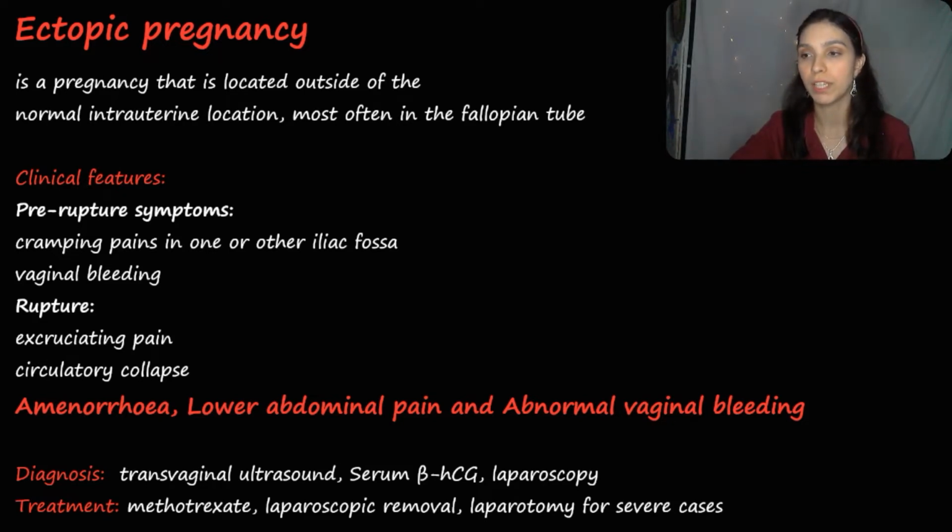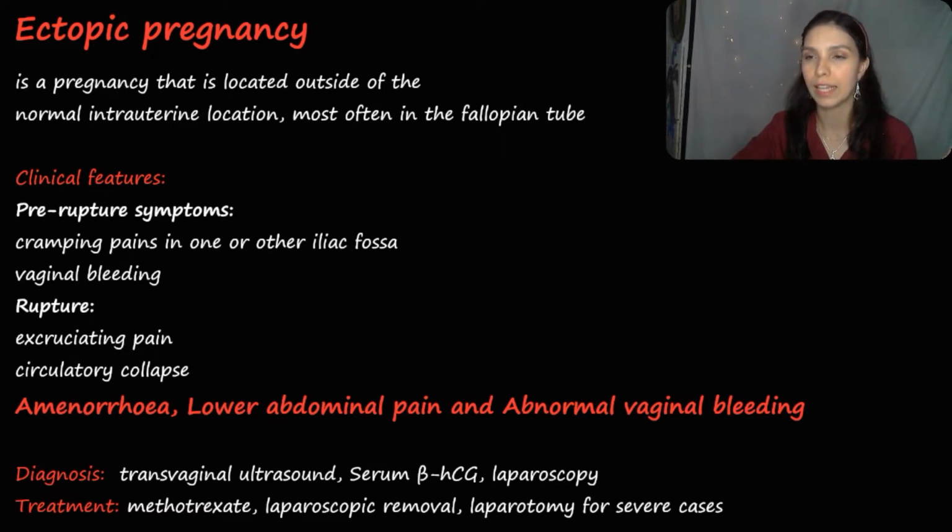It's possible to diagnose ectopic pregnancy at a very early stage of pregnancy using a urine pregnancy test. If serum beta HCG is more than 2000 international units per liter, the pregnancy should be visible on vaginal ultrasound. If you see that the uterus is empty, most likely it's an ectopic pregnancy.